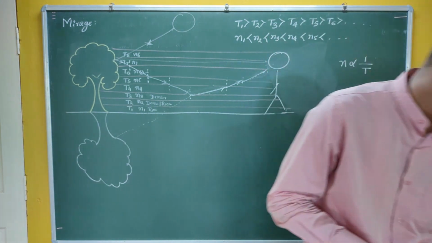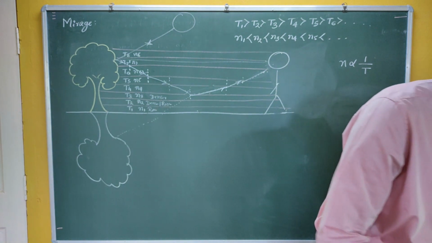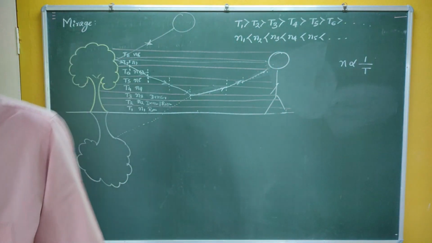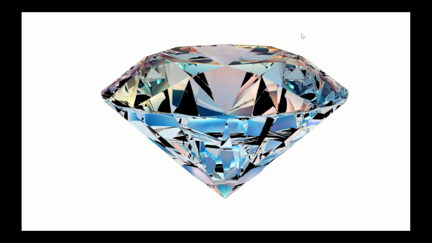Okay, so let me take the second example here. The second example is the diamond. You can see here the diamond. Diamonds are known for their spectacular brilliant appearance. This brilliant appearance is mainly due to the total internal reflection of light inside them.